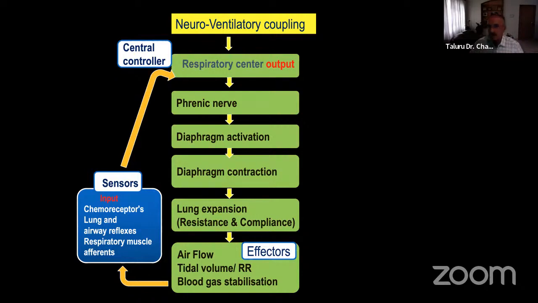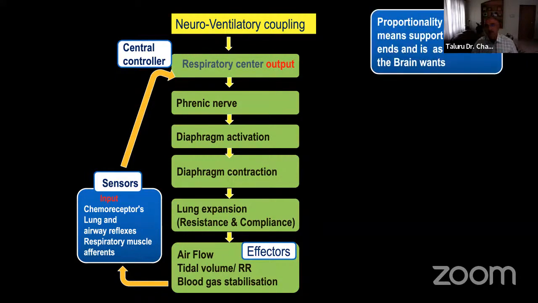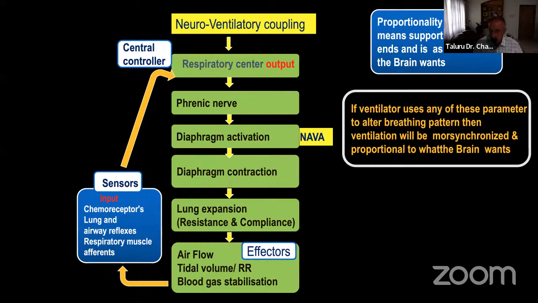Are there any modes which have gone up in the cycle and started getting information much earlier? Yes, there is one mode called NAVA, neurally adjusted ventilatory assist, where we put an esophageal probe which picks up the electrical activity of the diaphragm and the tidal volume is delivered with the activity.